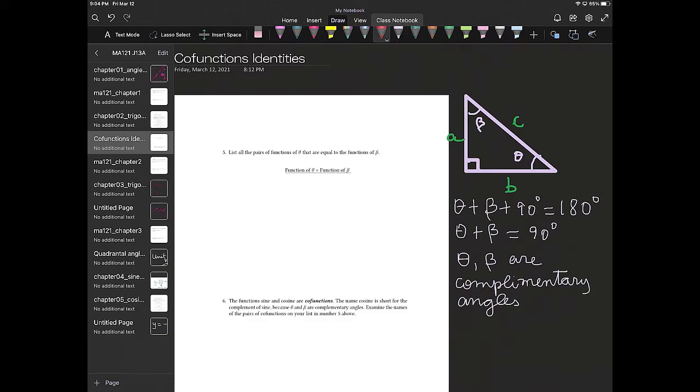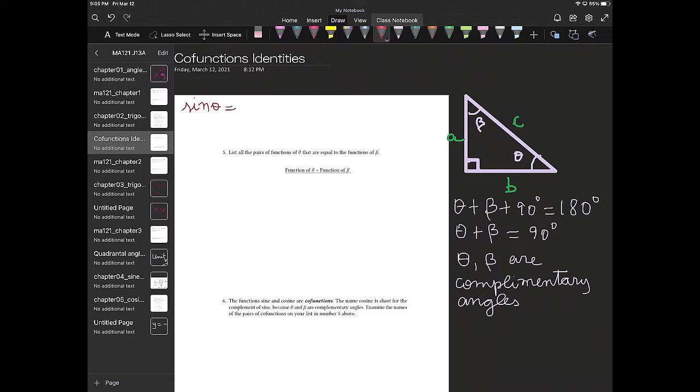Now let's identify which pairs of trigonometric functions are equal for both beta and theta. Let's start with the sine function. Sine of theta is defined as the opposite over hypotenuse.